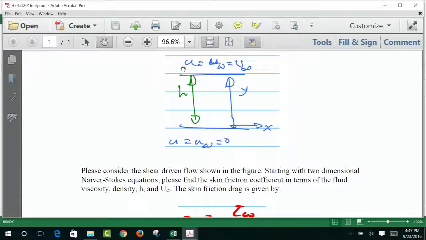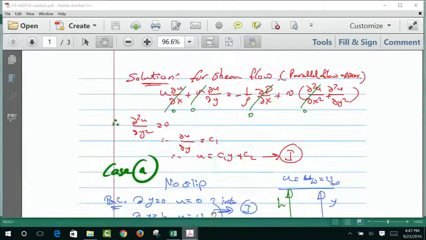But if there is a pressure gradient, whether it's favorable, pushing with us, or adverse, pushing against us, then we wouldn't cancel this guy. We would leave the partial p, partial x, or even substitute its value. If he said there is a certain kilopascal difference across that length, we put that number, right? But because it's pure shear driven, this guy gets canceled.